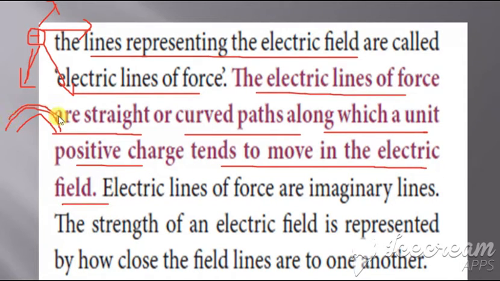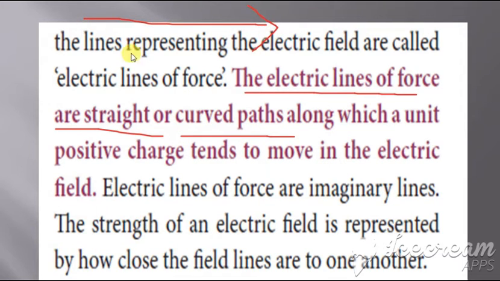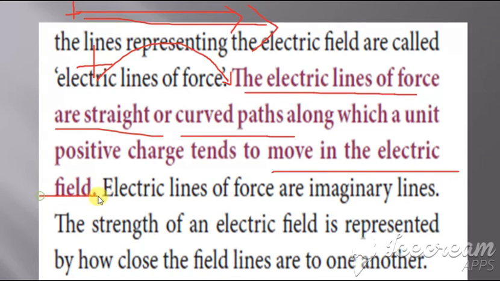Along this path only the positive charge will tend to move. So the electric lines of force are straight or curved paths along which the unit positive charge tends to move in the electric field.